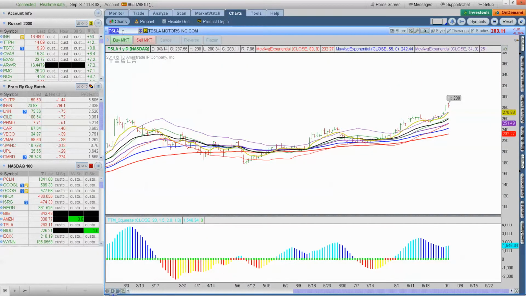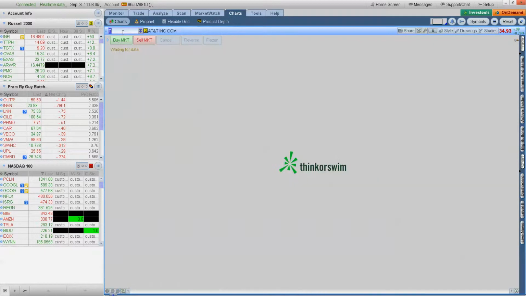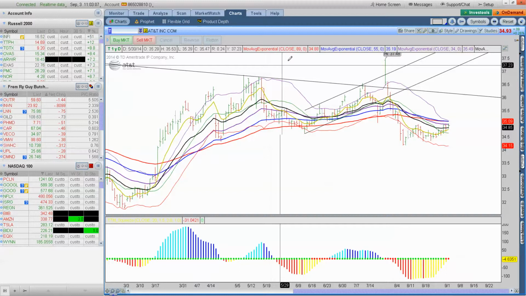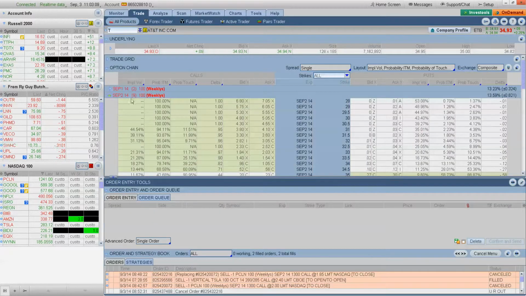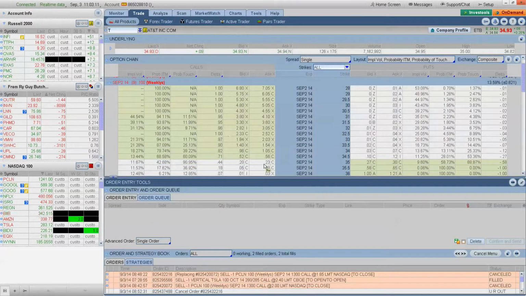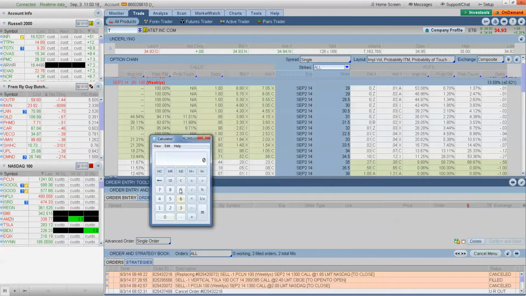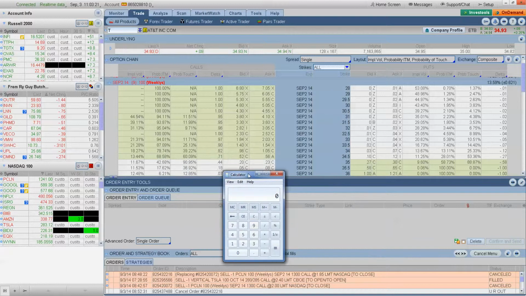And I'm actually thinking, so I've been doing covered calls in T, and looking at these, I collect 23 cents versus Tesla is 24 cents, right? So 100 of these is $3,400. So I'm collecting 23.